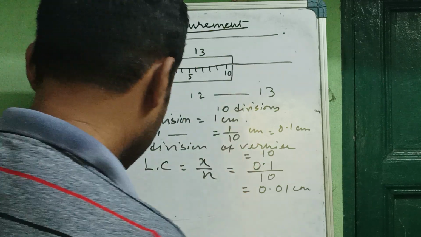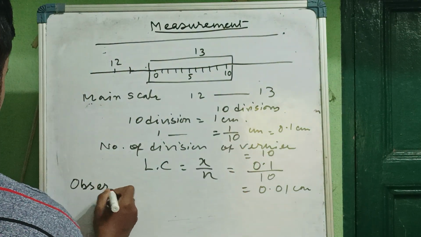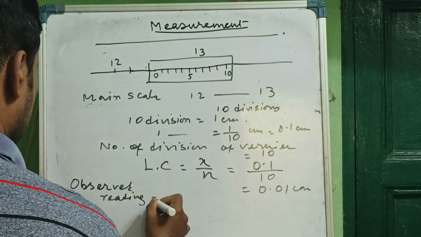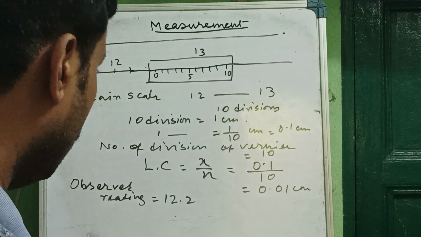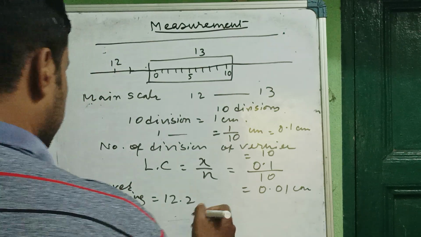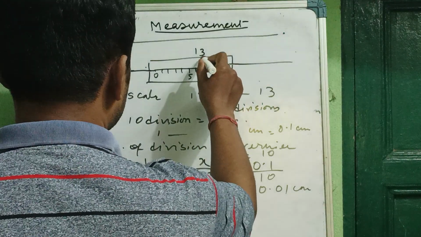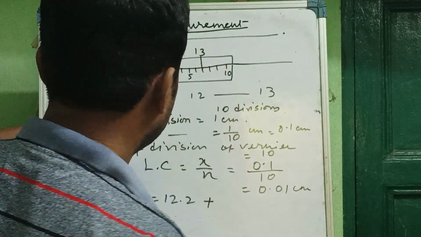that's all. 12.2 is the observed reading, the main scale reading. This is the main scale reading, and the vernier scale reading is where the vernier scale coincides with the 13 of the main scale.